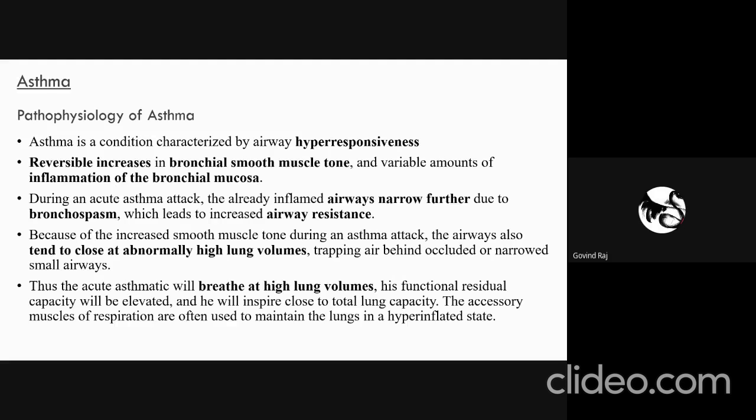Hyperresponsiveness in the sense that it creates a lot of inflammation, and this inflammation leads to different conditions, like bronchial smooth muscle tone increasing, and it also causes inflammation of the bronchial mucosa.